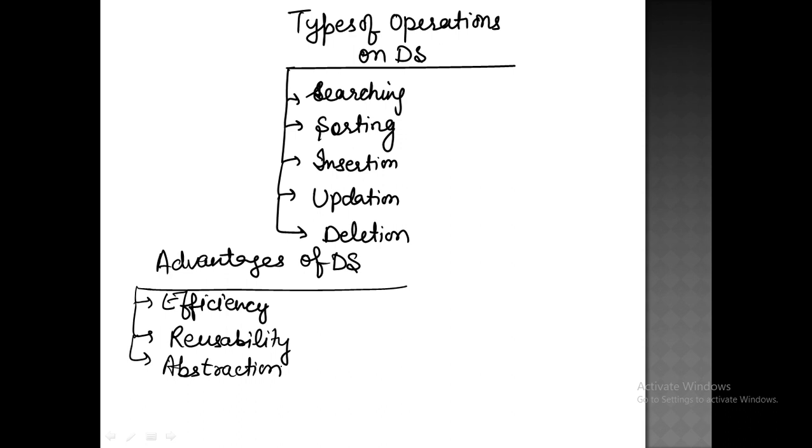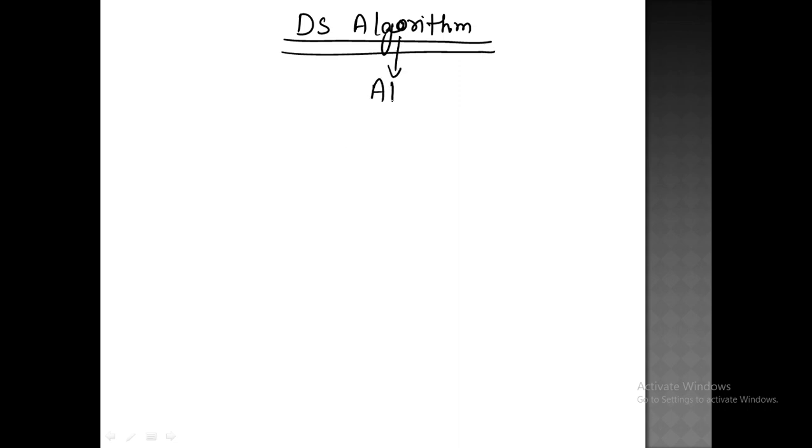Now, next topic is data structure algorithm. What is a data structure algorithm? Before understanding what a data structure algorithm is, first of all, you have to understand what an algorithm is.